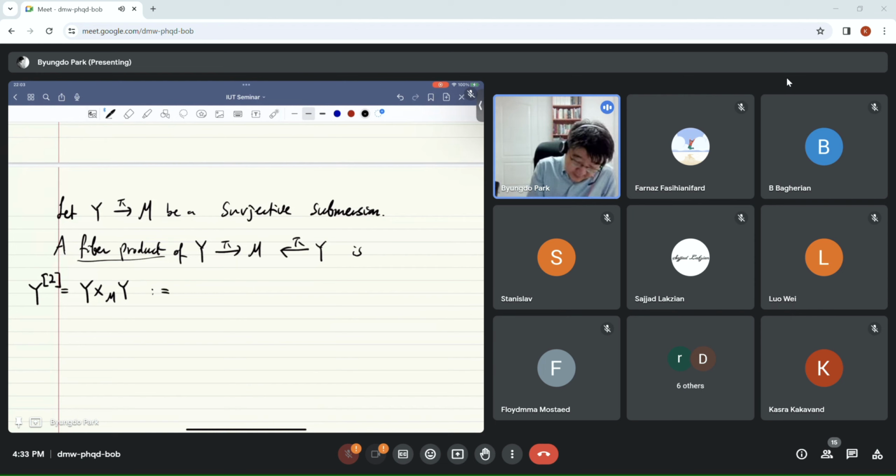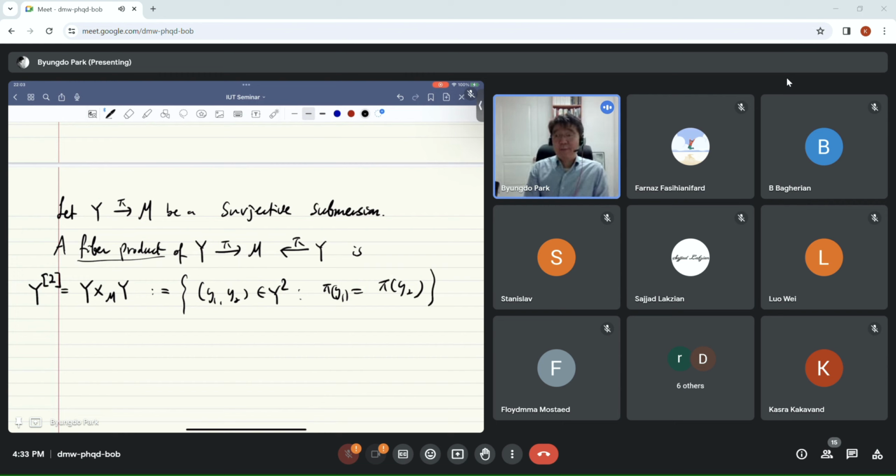And what is this? This is the collection of (y1, y2) in Y cross Y, such that pi(y1) is the same as pi(y2). So this is a fiber product.